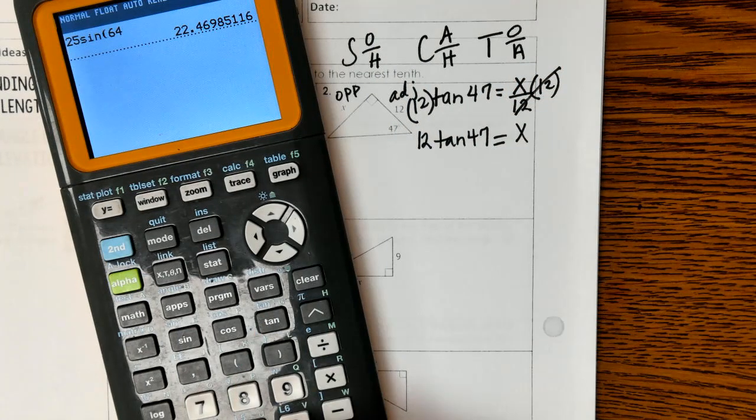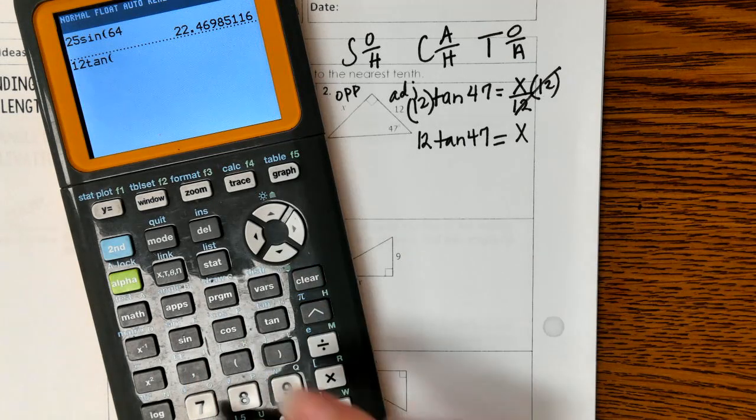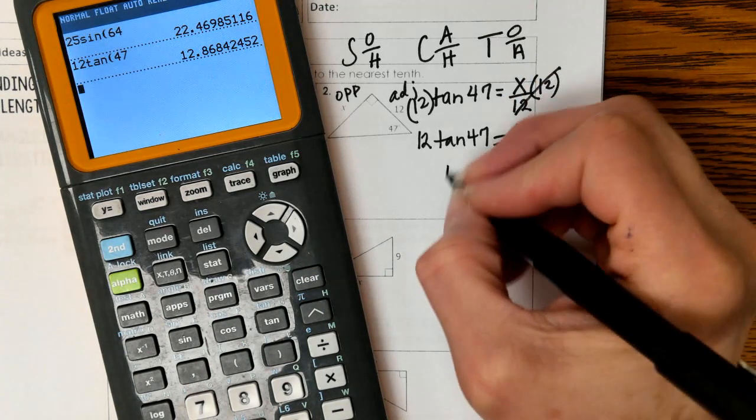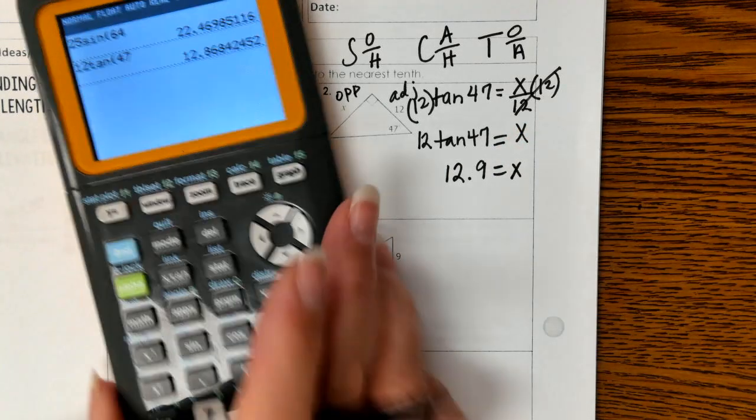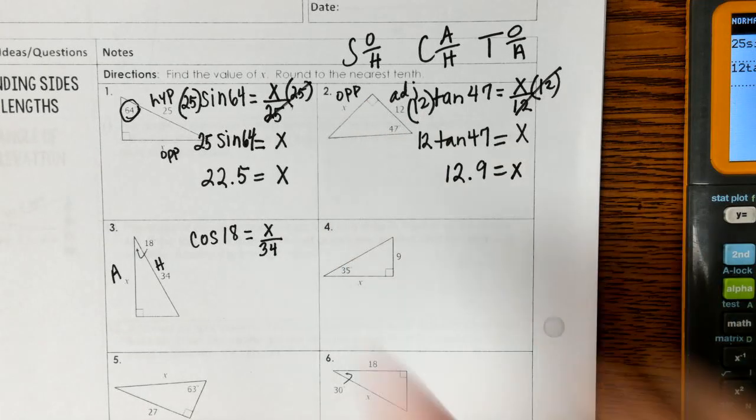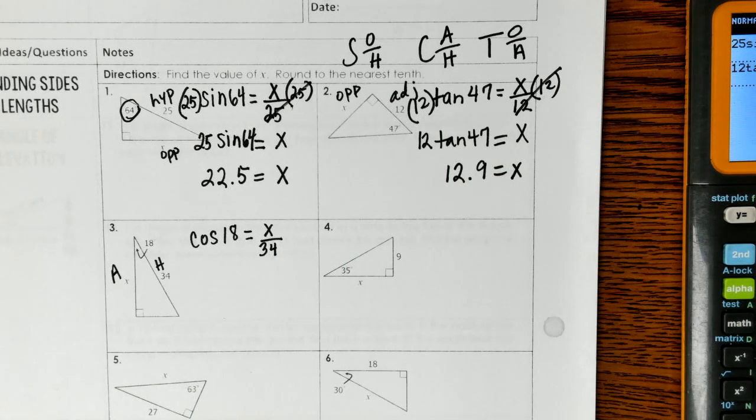So you're going to do 12 tangent 47, and you end up with 12.9 for your answer for that side. Okay, remember these are sides of your triangle. Okay, so move into number 3. Again, how do we solve this one?